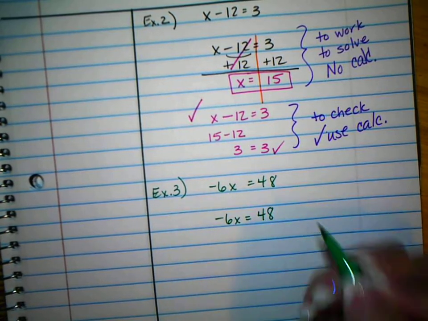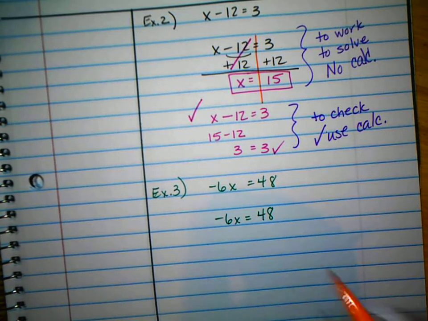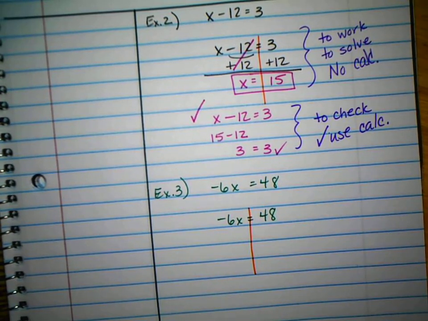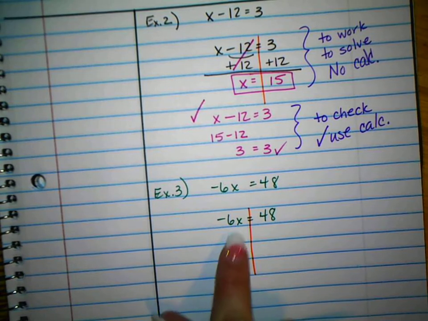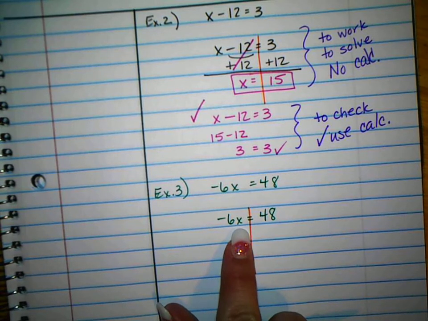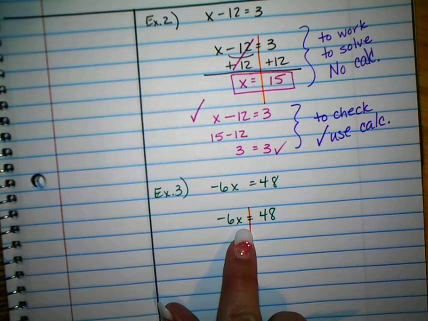Please understand that in these notes I am modeling exactly what you need to do. Copy the problem down again. Built my wall. Now, what's happening here? Negative 6x. Negative 6 times x. So what undoes multiplication?